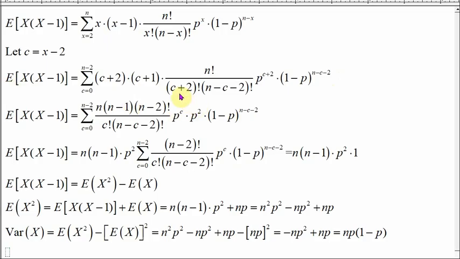And notice that c plus 2 factorial is going to be c plus 2 times c plus 1 times c factorial. And so the c plus 2 here is going to get cancelled out, and the c plus 1 will also get cancelled out. And then what's left is just the c factorial.